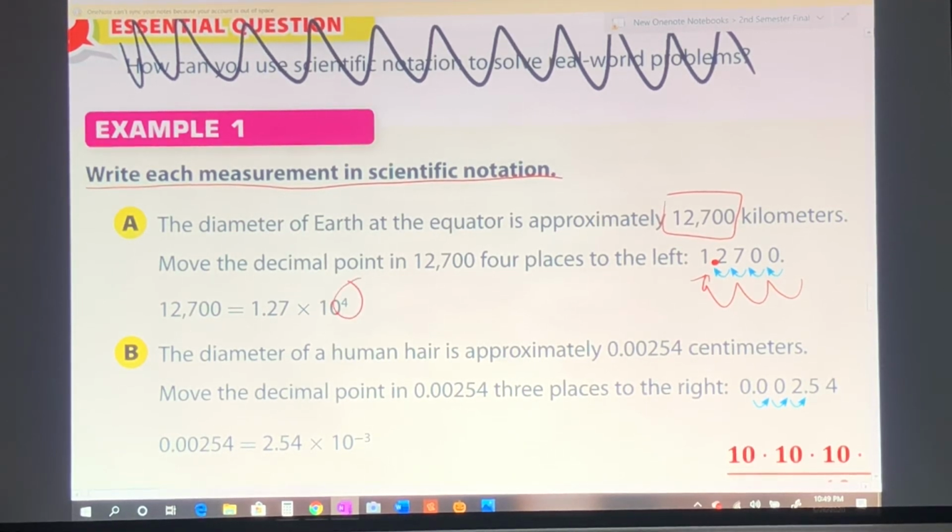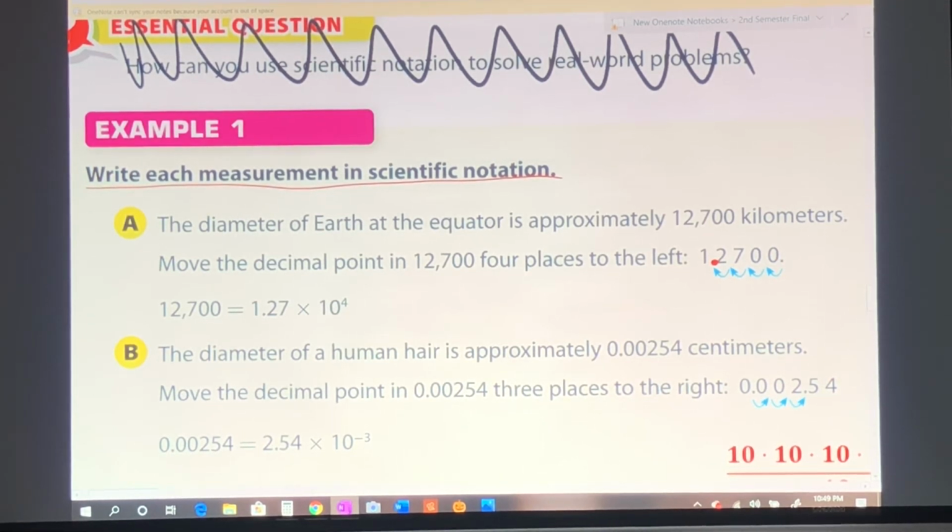So 12,700 is 1.27 times 10 to the 4th power. We did a bunch of warm-ups on scientific notation, if you remember. You move the decimal over and you moved it 4 places. There's your exponent. 1.27 times 10 to the 4th power.